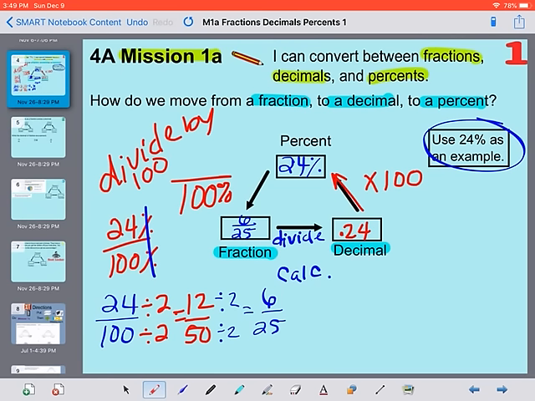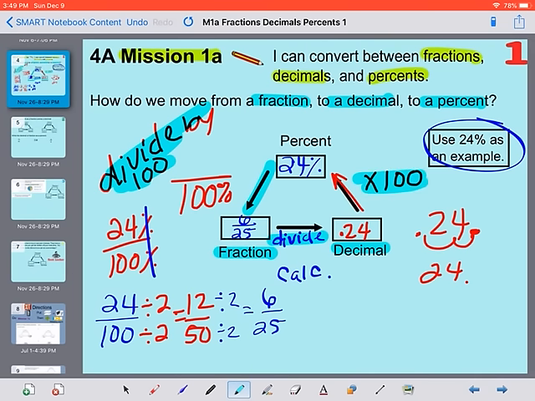So 0.24 times 100 gives me 24, or you're just moving your decimal 2 places to the right. 24%. So these things here, first dividing by 100, then using your calculator to divide, will get you to a decimal, and then from a decimal to a percent, you're multiplying by 100. So let's look at a couple other examples.